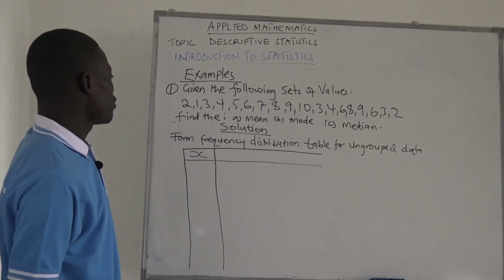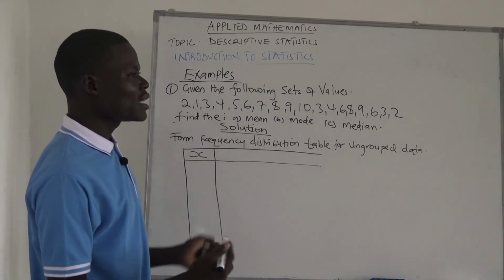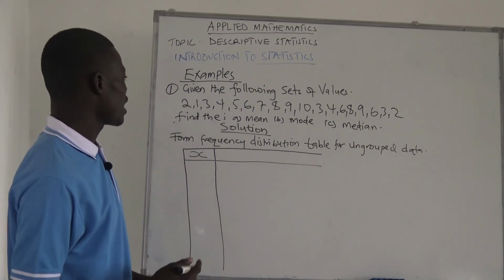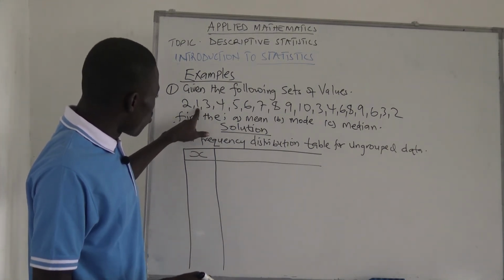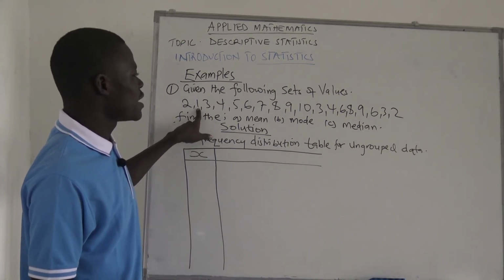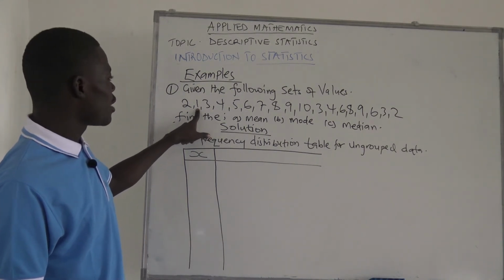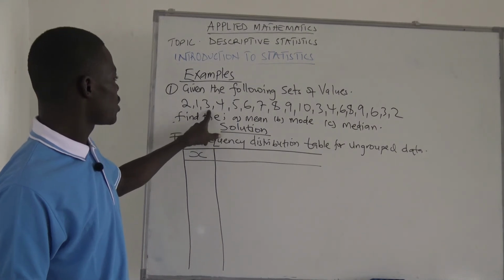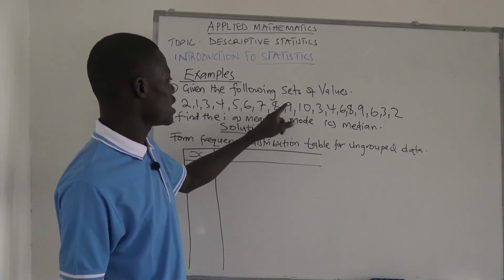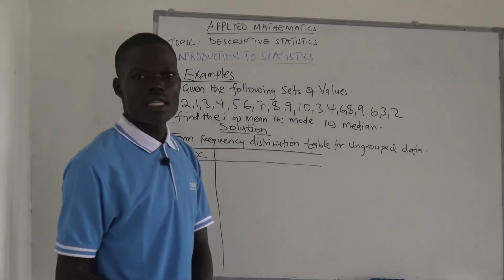So where is our variable running from? We start by rearranging this in ascending order. If our variable is 1, that is the least value, and then the greatest value is 10. So we have 1, 2, 3, 4, 5, 6, 7, 8, 9, 10, and then repeating themselves.